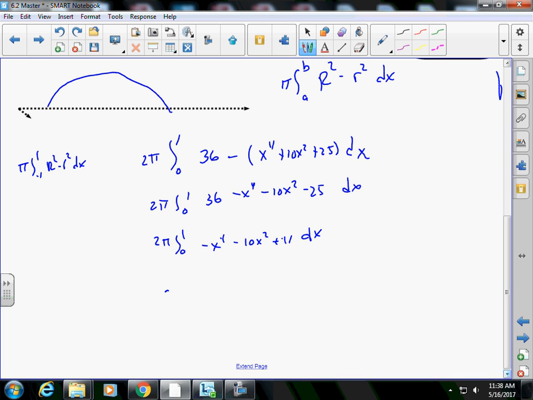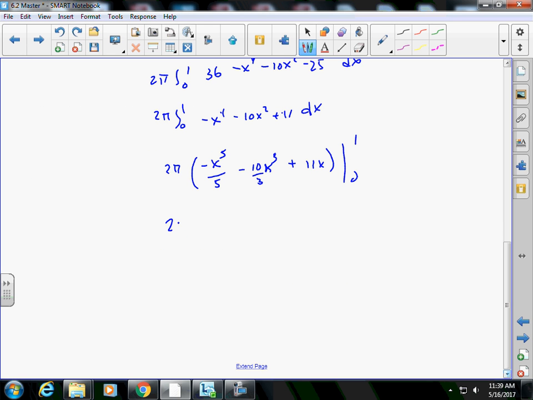When I evaluate this, I get 2 pi times minus x to the fifth over 5, right? That's what happens when we integrate, minus 10 thirds x cubed, plus 11x. And I'm going to evaluate that from 0 to 1. I get 2 pi. When I put 1 in, I get -1/5 minus 10 thirds plus 11.